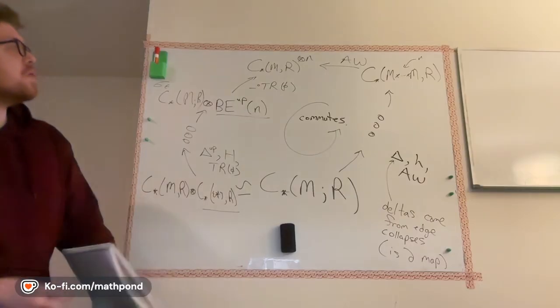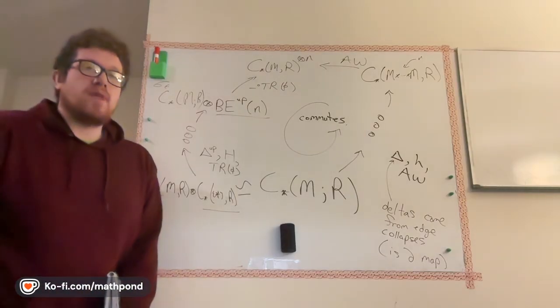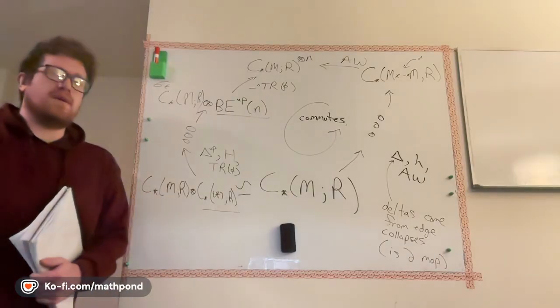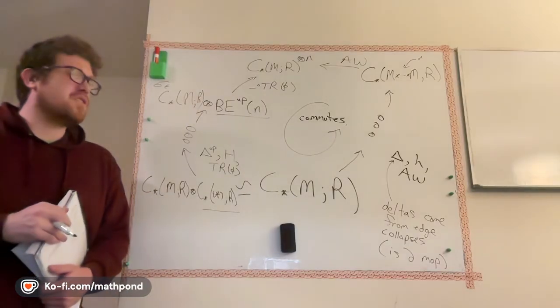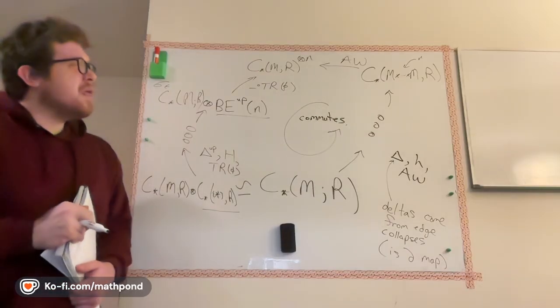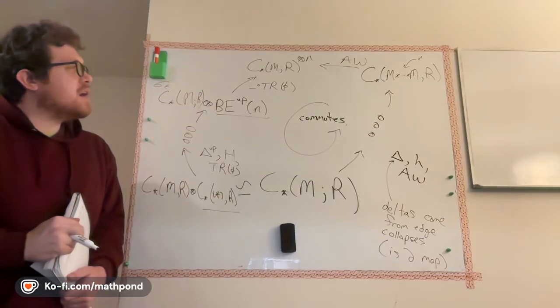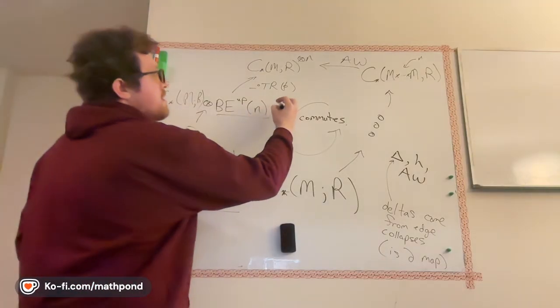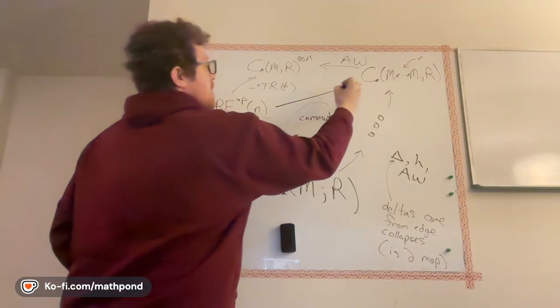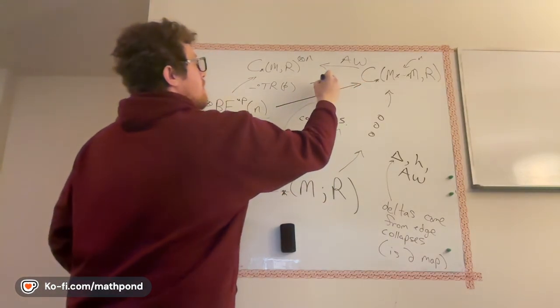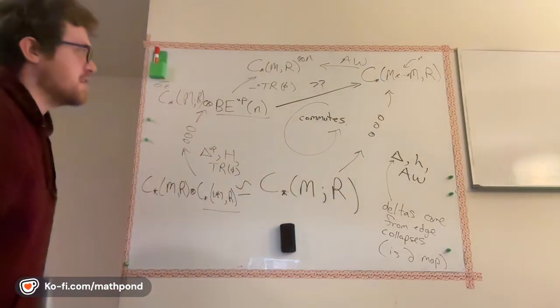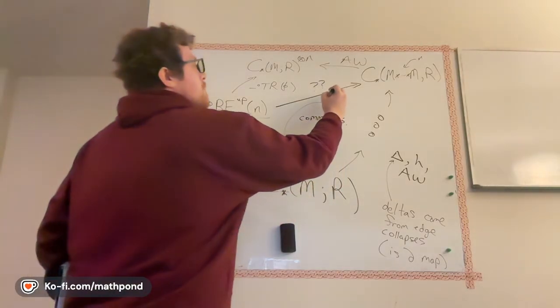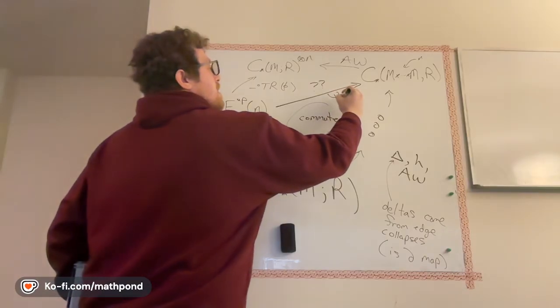So the tough part here that I was going over before I started streaming today was I was thinking about whether there was a possible map that related these two before we apply Alexander-Whitney. So this is a big question mark here. Maybe we'll figure this out for next week. But this hypothetical map I'm calling psi n.